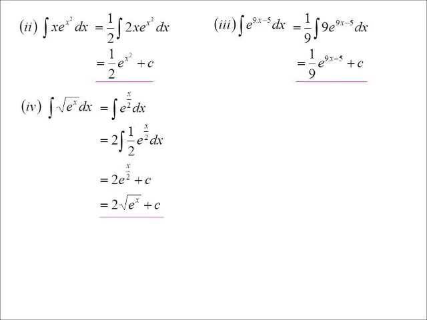And so we get 2e to the x on 2. I'm always in the habit of rewriting it the way the question's asked. They asked it as the square root of e to the x, and my answer I've got square root of e to the x. Reality is, that second last line is an answer. But I just tend to write my final answer however they've given the question.